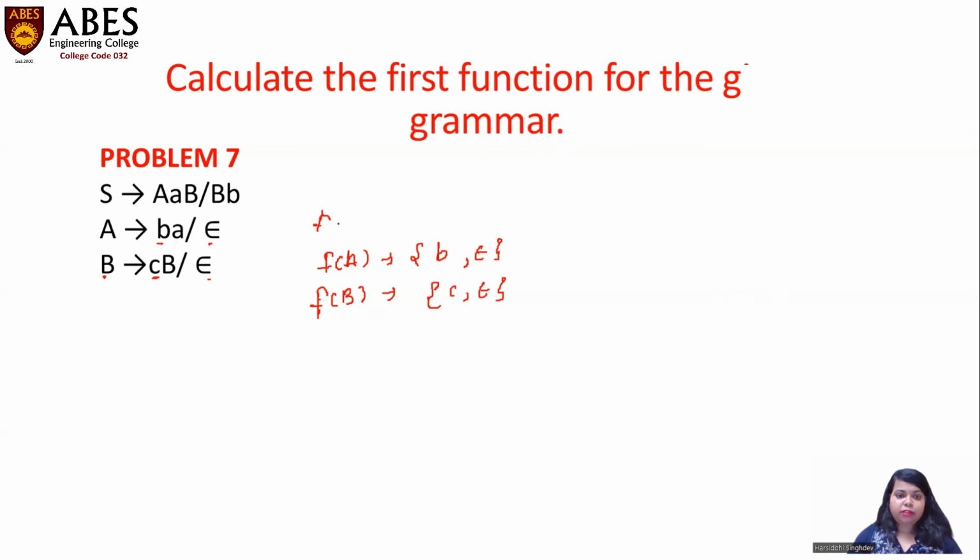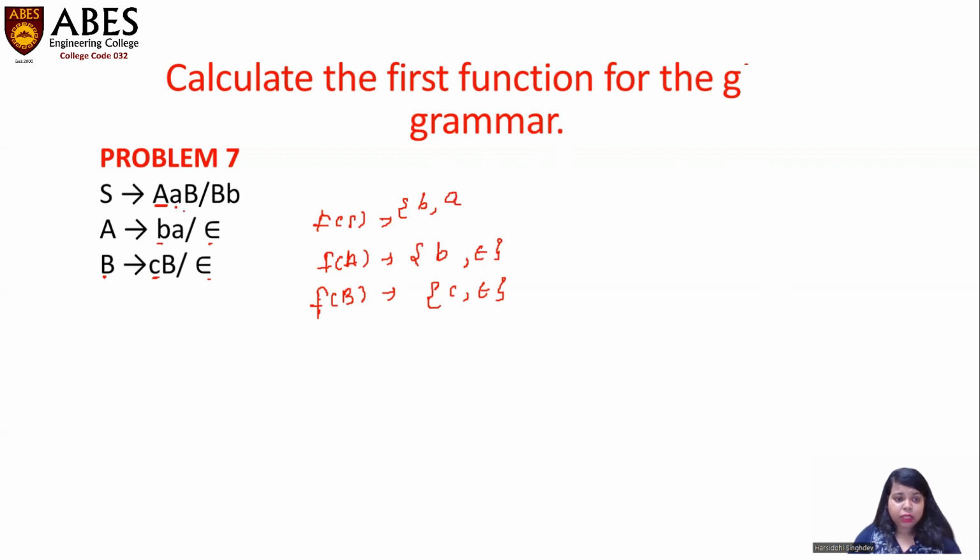Now, in case of first of S, the first symbol is what? Capital A. So we have to check the first of A. When we replace with b, what will we get? b. When we replace by epsilon, then this A is gone. Then what are we left with? Small a. So we can say small a.